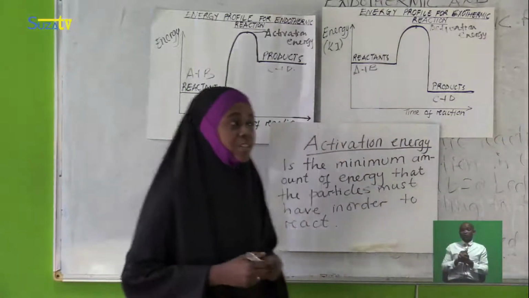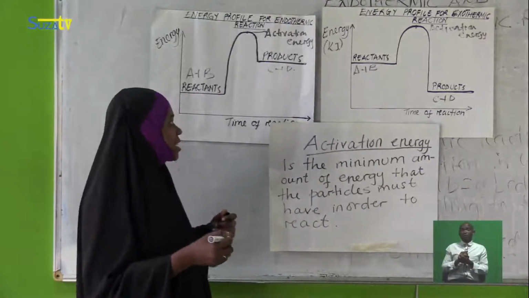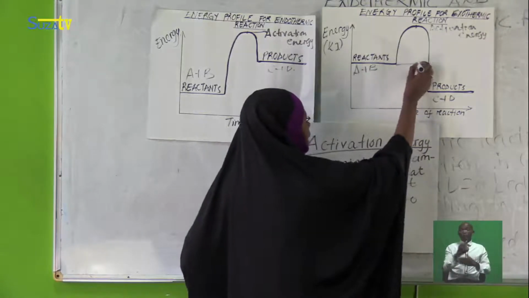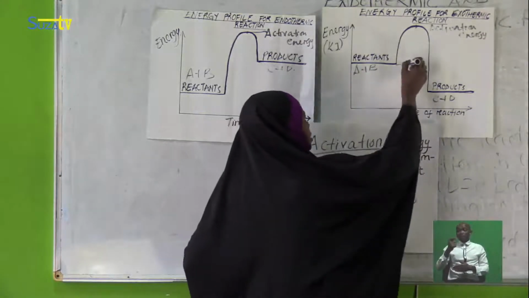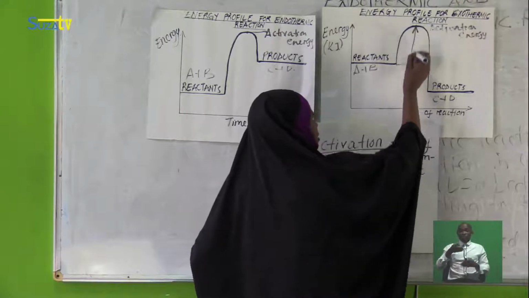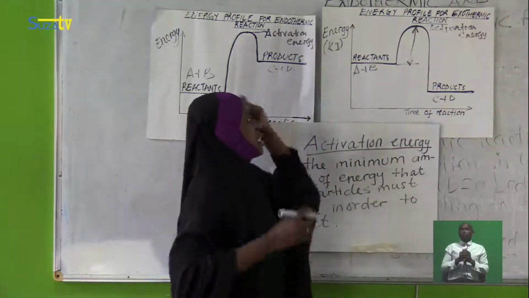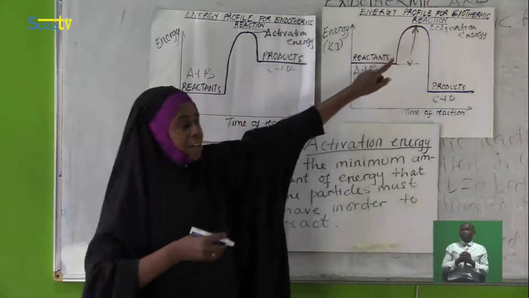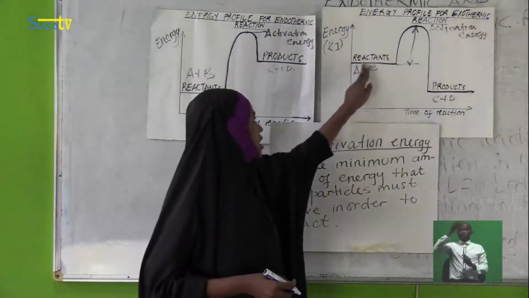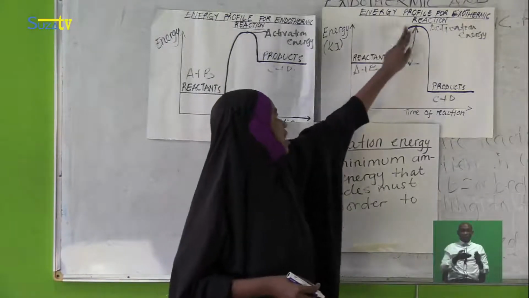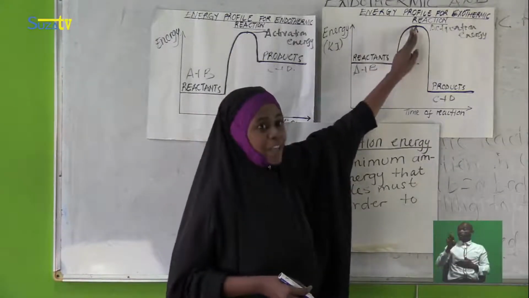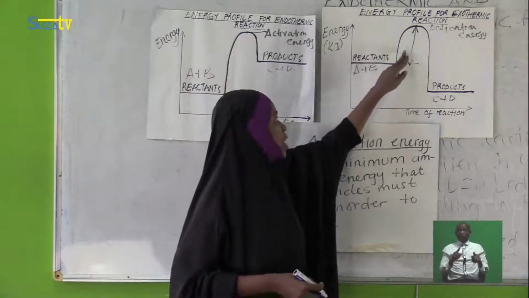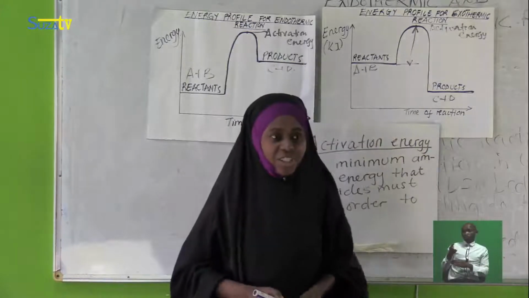It is represented starting from the reactants, the energy from the reactant to the peak. These reactants, this is the energy for reactants, and here is the point where there is a peak. Therefore, the difference between these two points is known as activation energy.